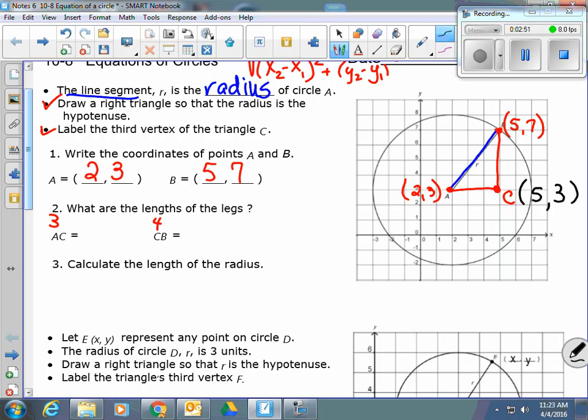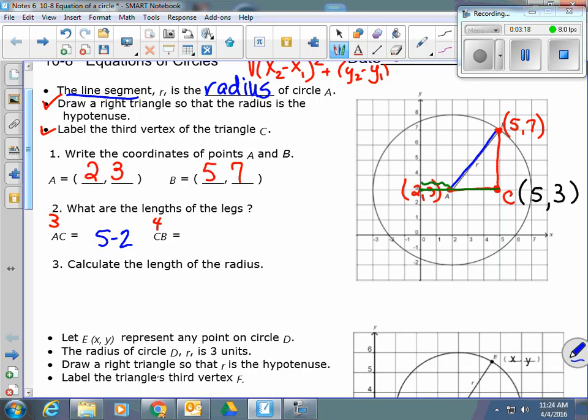So, what number is the same on A and C? The 3, so ignore them. I have a 5 and a 2. 5 represents this entire line from here to here, correct? Do I want that whole line? No, I want to get rid of this little piece right here. Isn't that 2? Good, so it's 5 minus 2. Everybody okay with that?